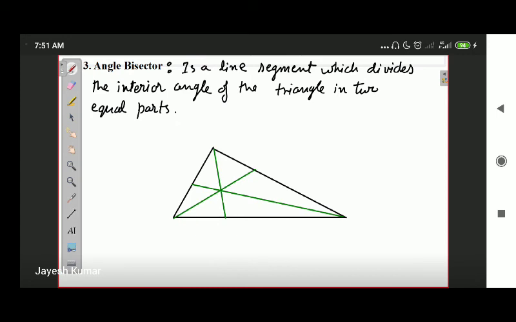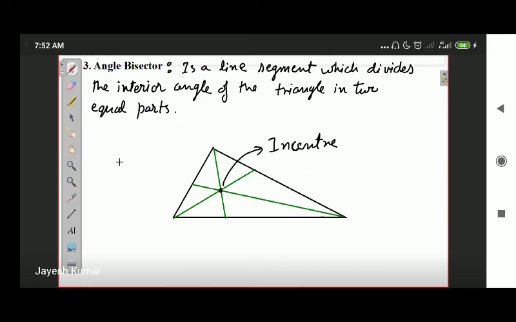You can also use mathematical tools like compass and scale to draw angle bisectors of any given triangle. You will always see that angle bisectors, like medians, also intersect at the same point. This point is called the incenter of the triangle.